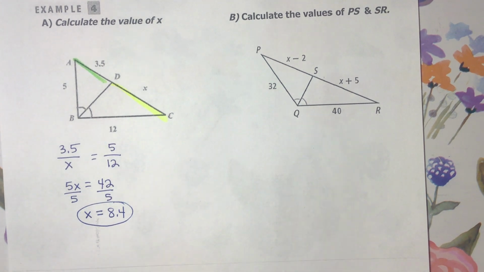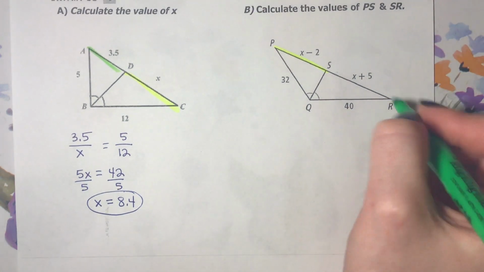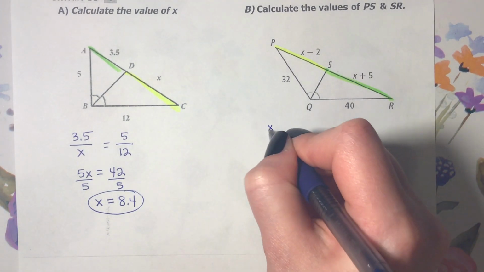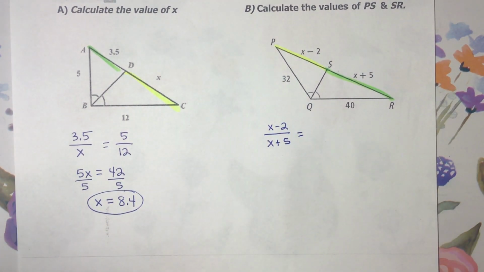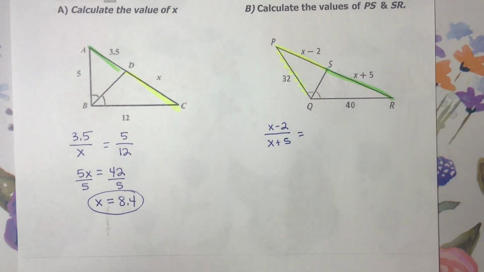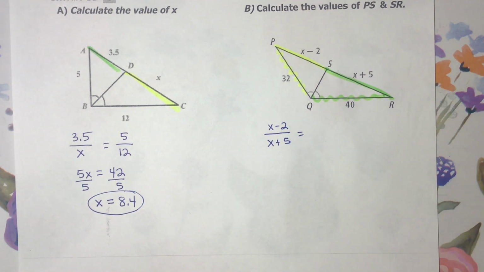So I'm putting the left over the right. So that's going to be x minus 2 over x plus 5 is equal to, now, once again, left over right.